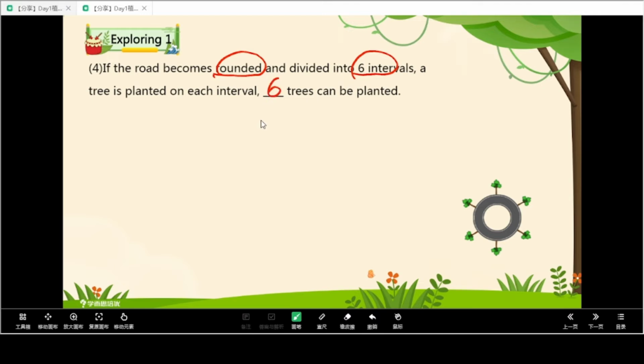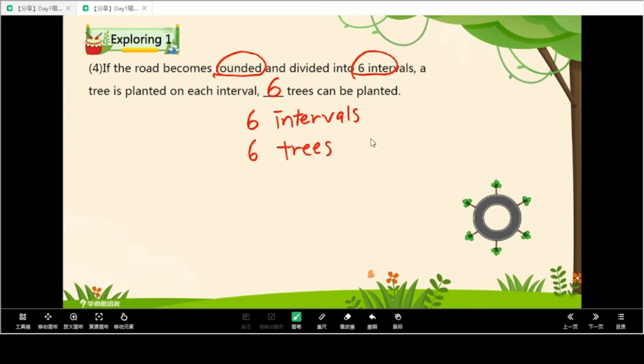And how many intervals are there? Count it for me. 6 intervals. Very good. So there are 6 intervals and 6 trees. Is the number the same or different? Yes, the number is same.